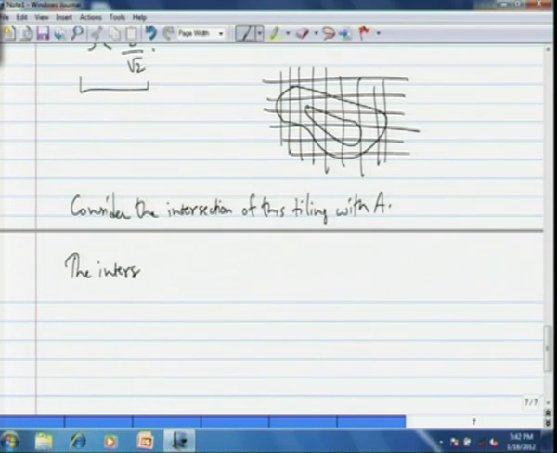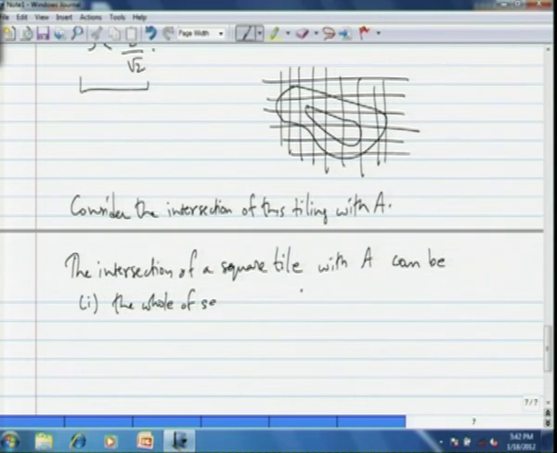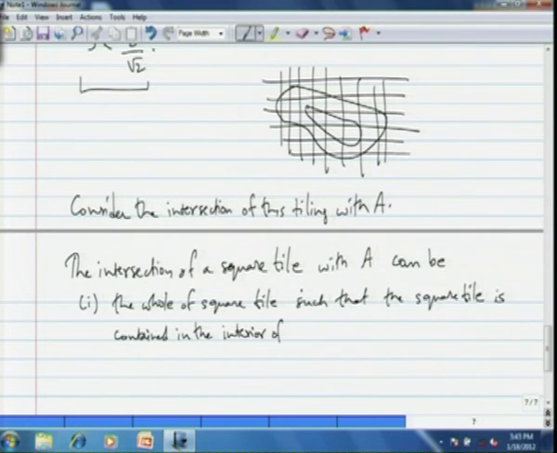So, the intersection of a square tile with A can be, one, the whole of the square tile such that the square tile is contained in the interior of A. The containment of the square tile in the interior of A is important.